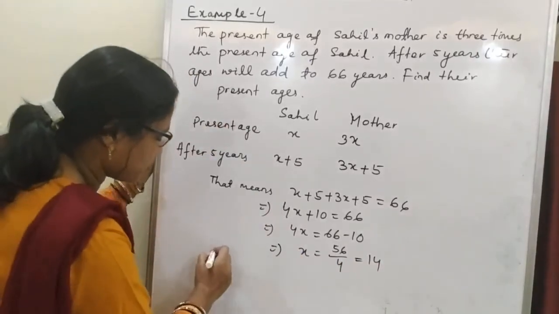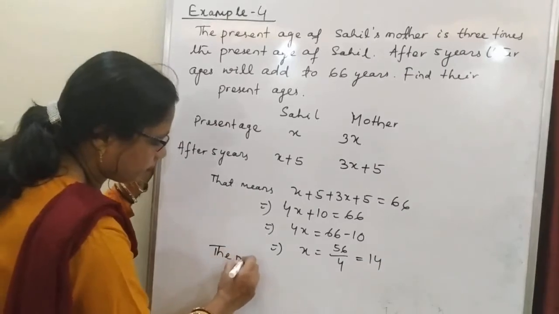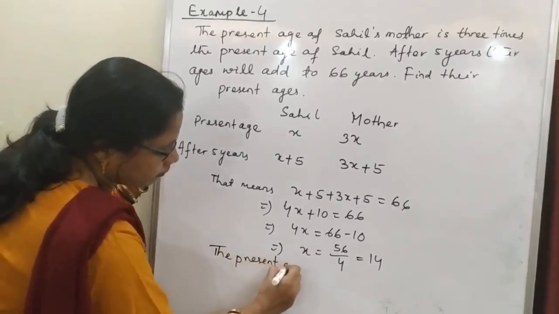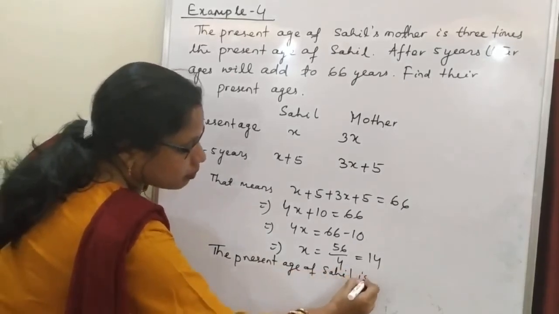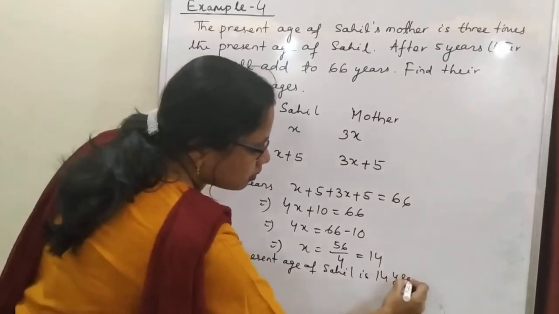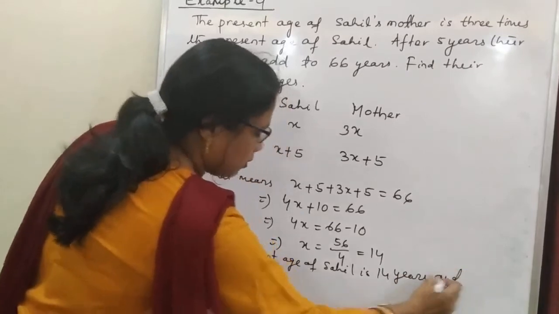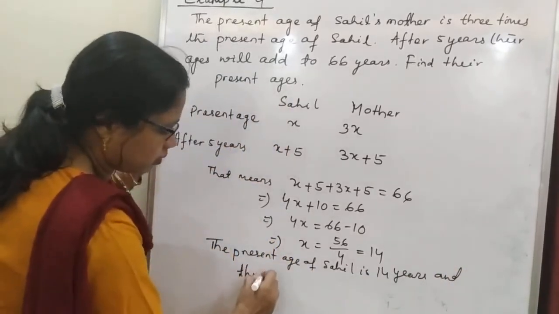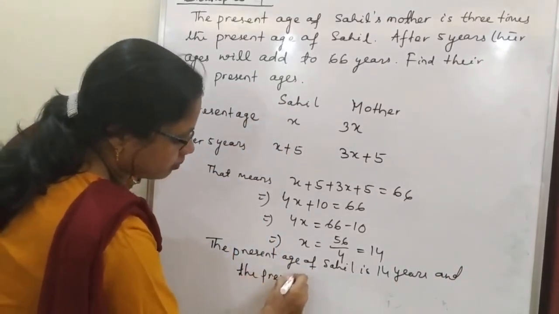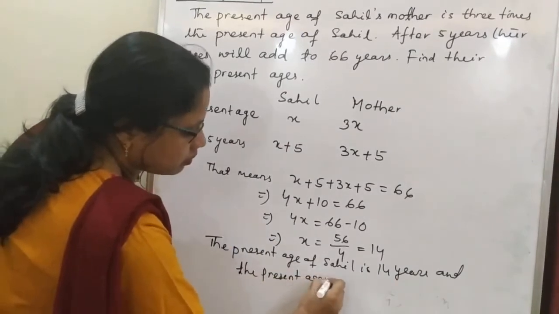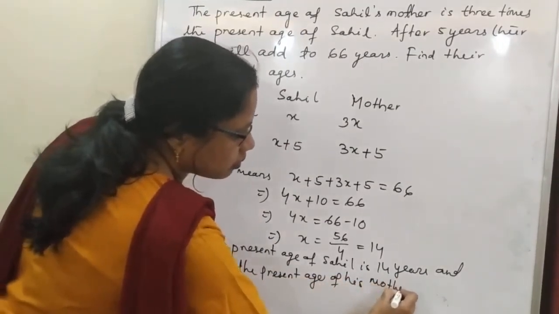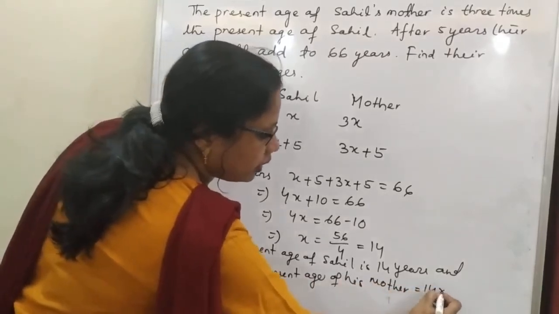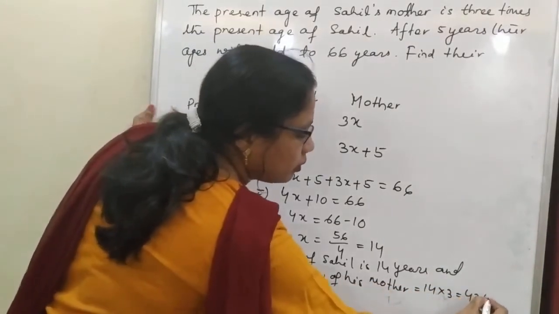The present age of Sahil is 14 years and the present age of his mother is 14 into 3, that is 42 years.